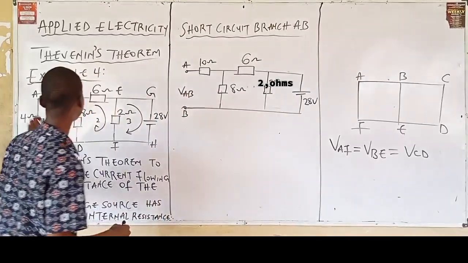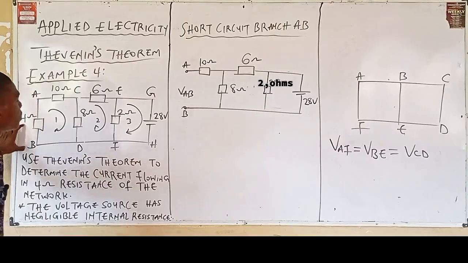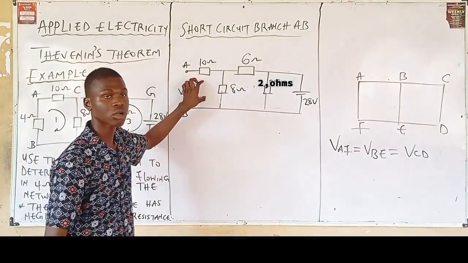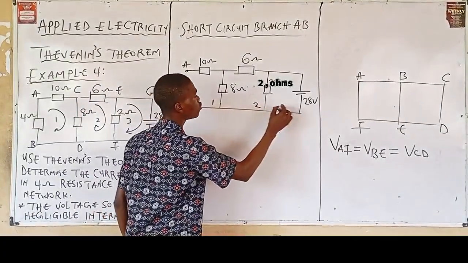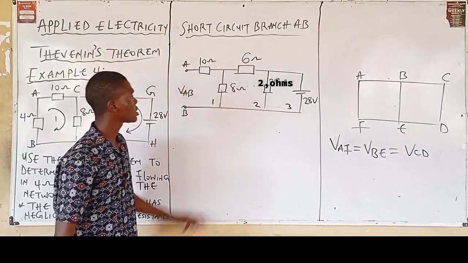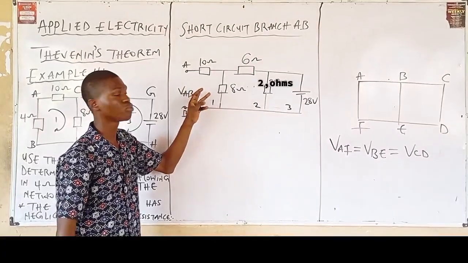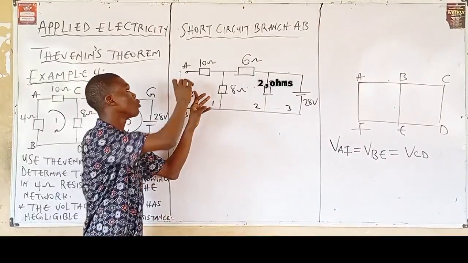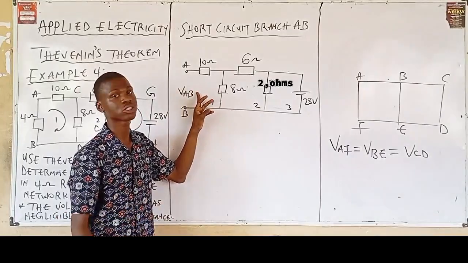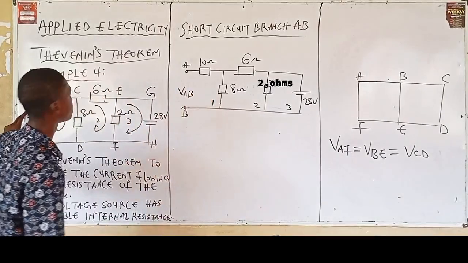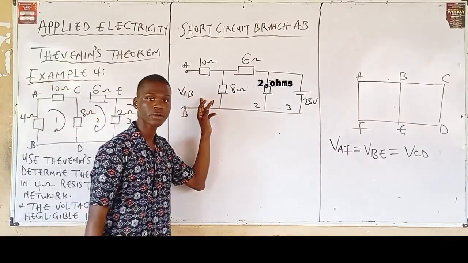Now, since we've short-circuited this branch AB, meaning loop 1, current is not flowing through loop 1. So this is loop 1, 2, and 3. What that means is that there is no current flowing through loop 1. The question is why? Loop 1 is already an open circuit, meaning the 4 ohm has been short-circuited from loop 1, right?